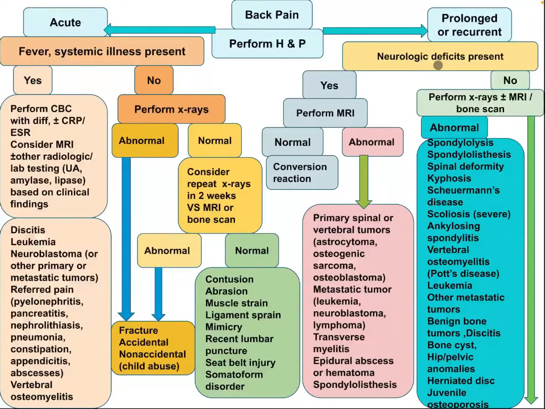If there is no neurological deficit but prolonged or recurrent back pain, perform X-ray with or without MRI or bone scan.